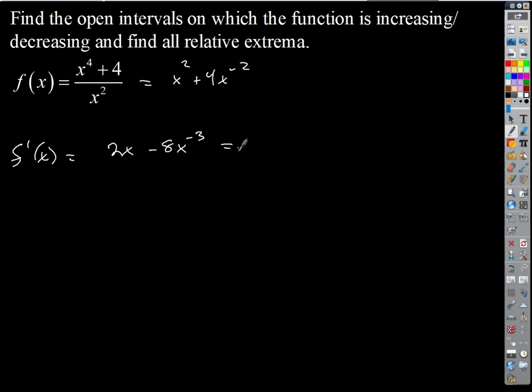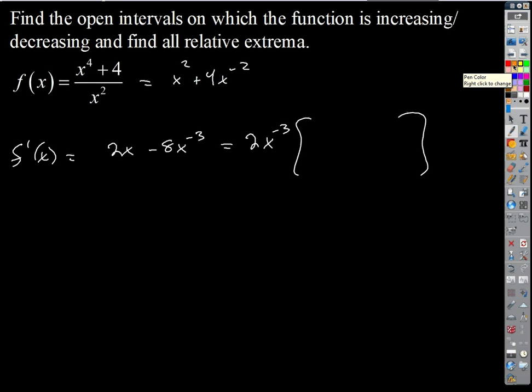So I could take a 2 out, agreed? Yeah. What's the least common power of x? Negative 3. So I could factor out a 2x to the negative 3, leaving me with what?